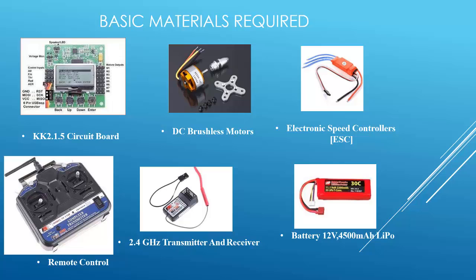We will also use brushless motors because they spin at thousands of rotations per volt, and here is the electronic speed controller, also called ESC, which controls the motor speed. This is the remote controller, a transmitter and receiver of 2.4 gigahertz, and a 12 volt battery, which is 4500 mAh LiPo.